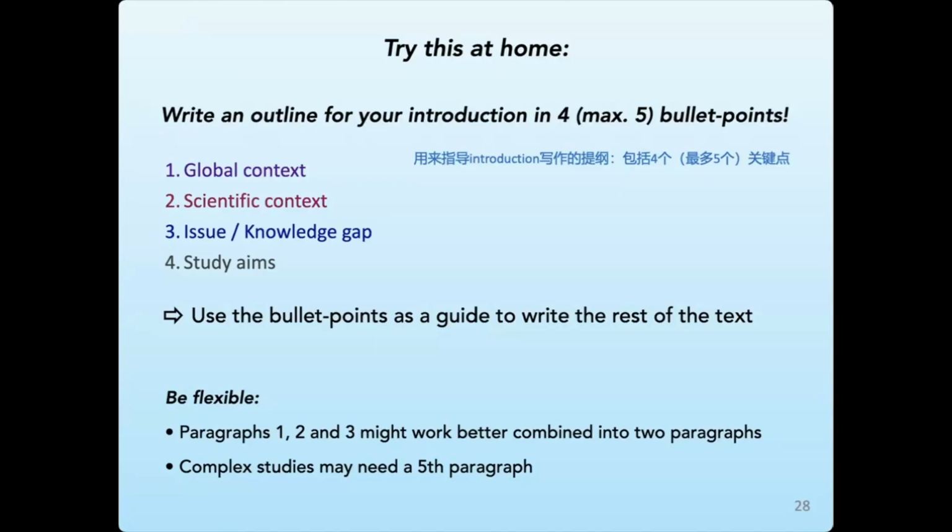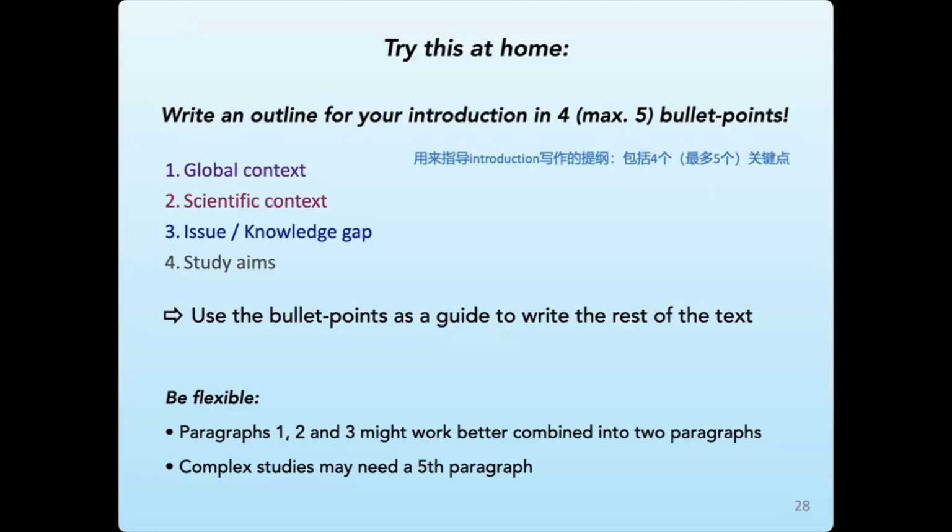Now, of course, this is all a rule of thumb, and it's possible that you might need to be flexible. So you might need to combine paragraph 1 and 2 into a single paragraph, or paragraph 2 and 3. It might make more sense.